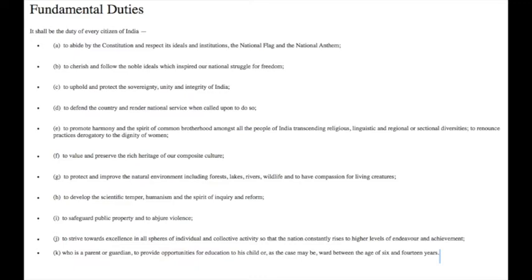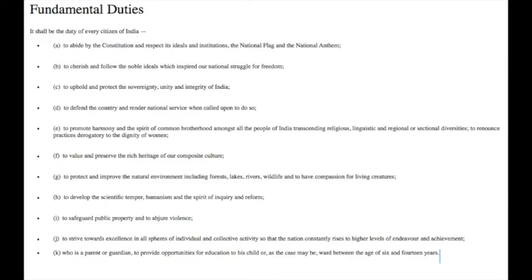And number four, to defend the country and render national service when called upon to do so. It is the duty of the citizens to defend the country and render national services when called by the state during external aggression, during emergency, or in times of natural calamities.